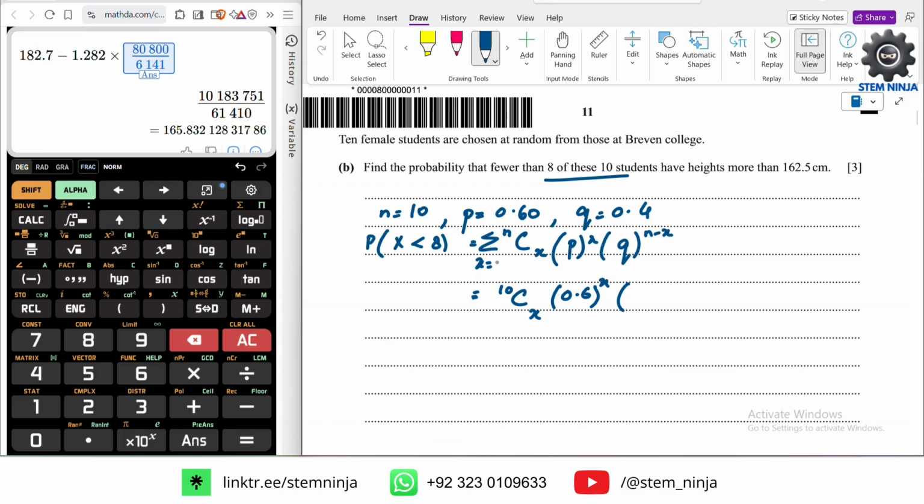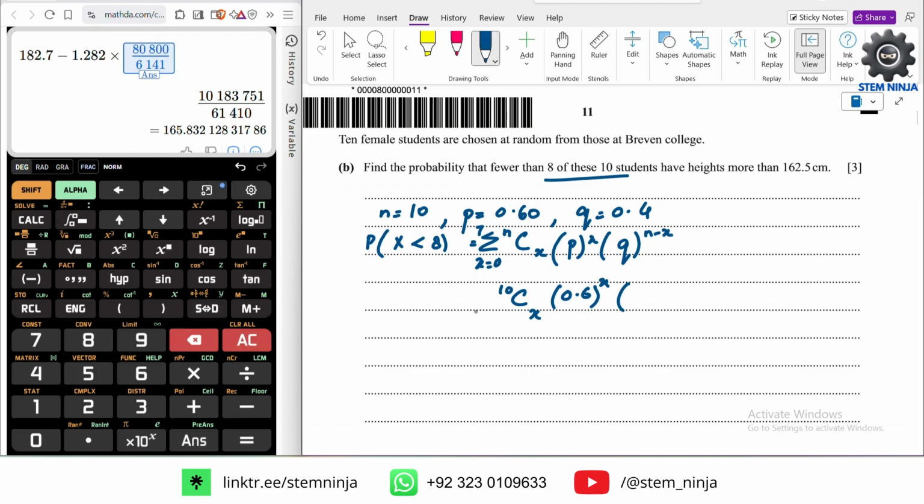From x is equal to 0 to x is equal to 7. Because we are starting from 10C0, where all of them have less than 162.5, that all of them are failure basically.